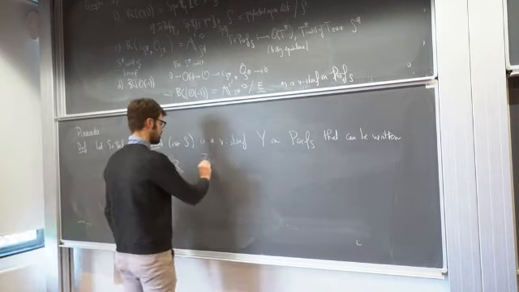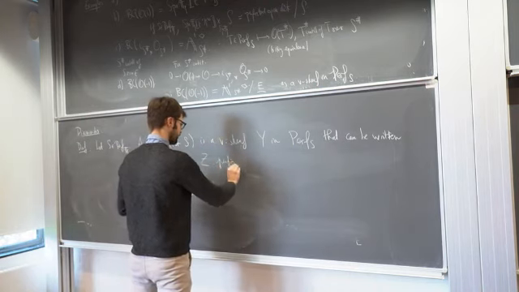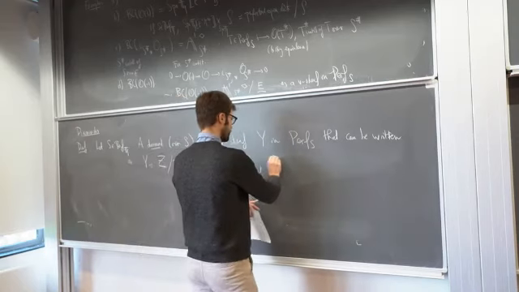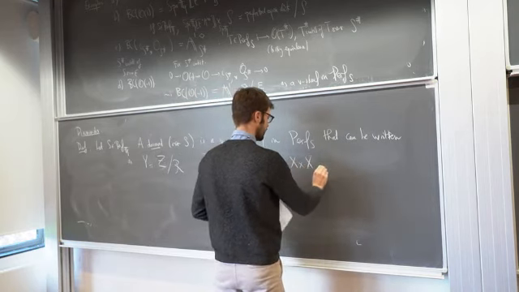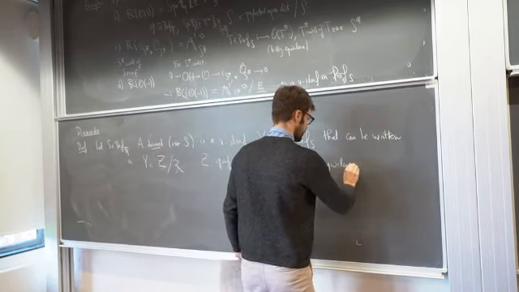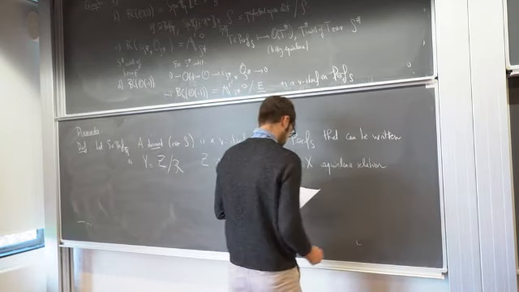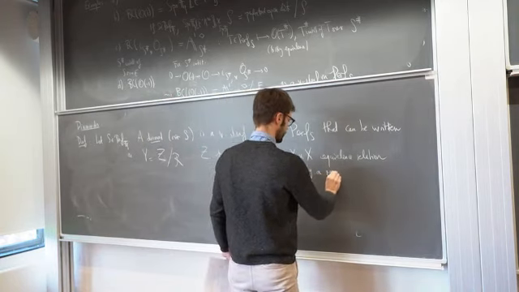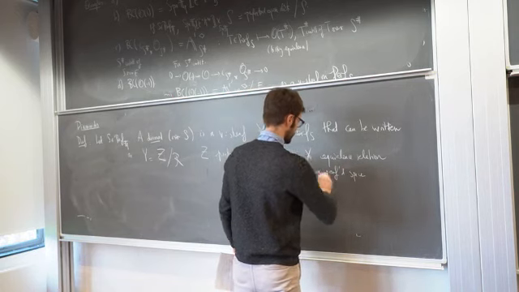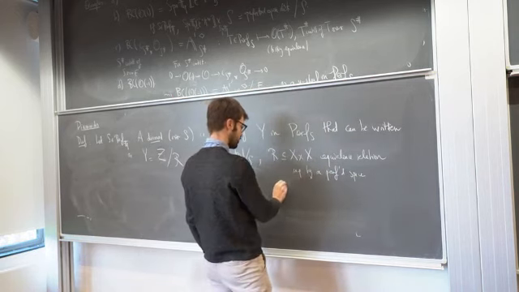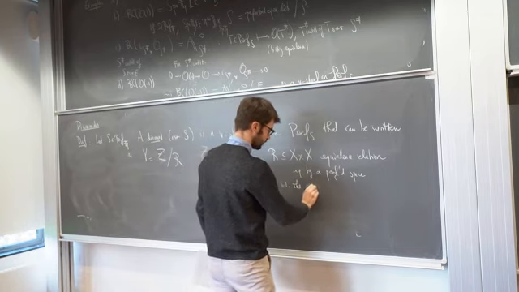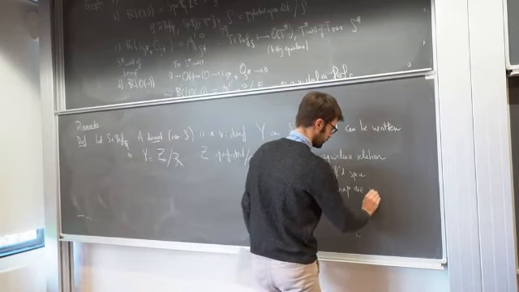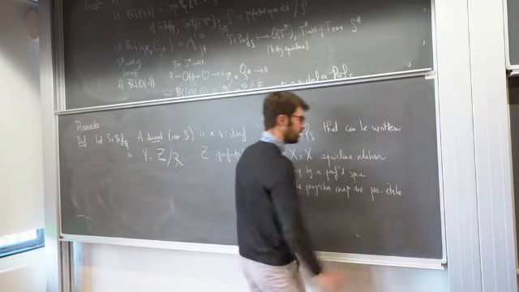So Z here is required to be a perfectoid space over S, and R, which is a subset of Z times Z, is an equivalence relation, represented also by a perfectoid space, and such that it's a pro-étale equivalence relation, so such that the projection maps are pro-étale.